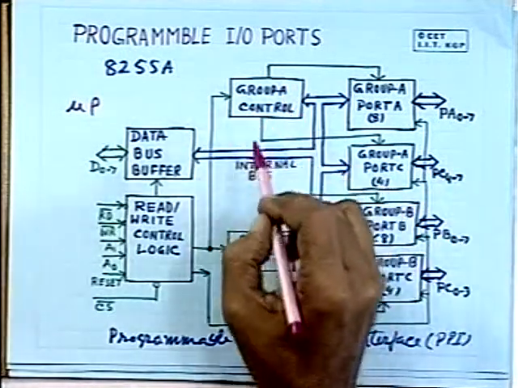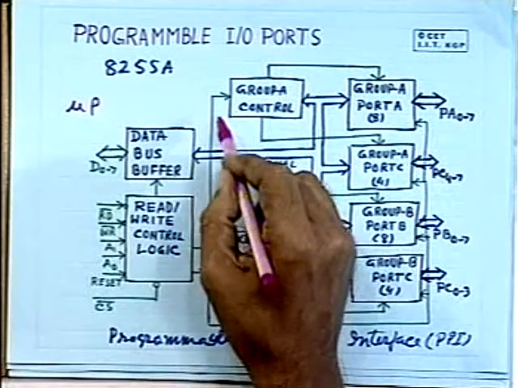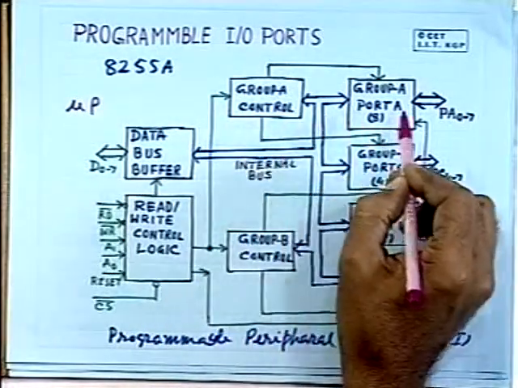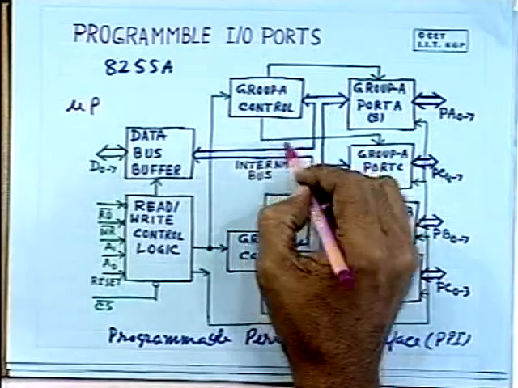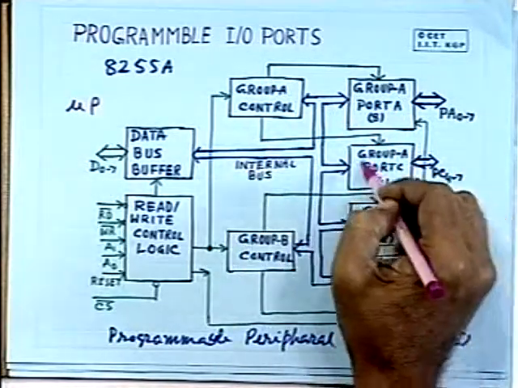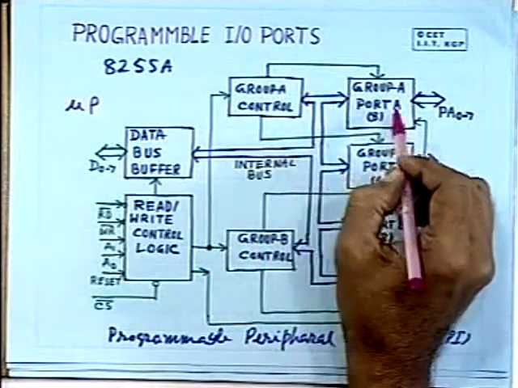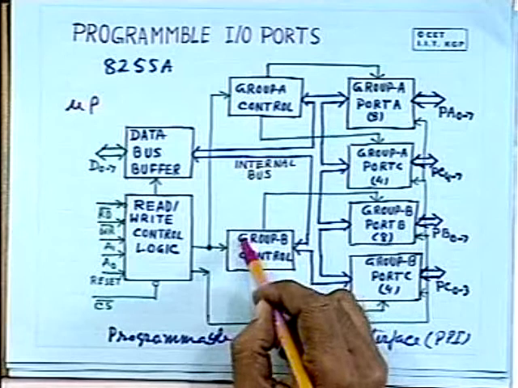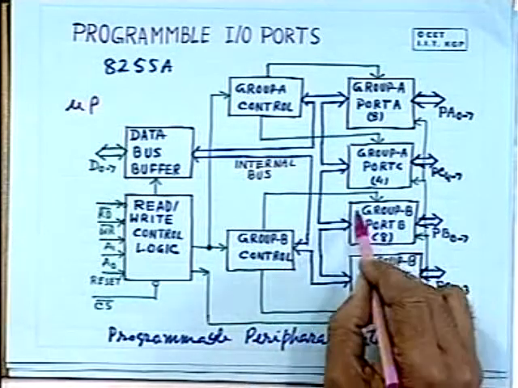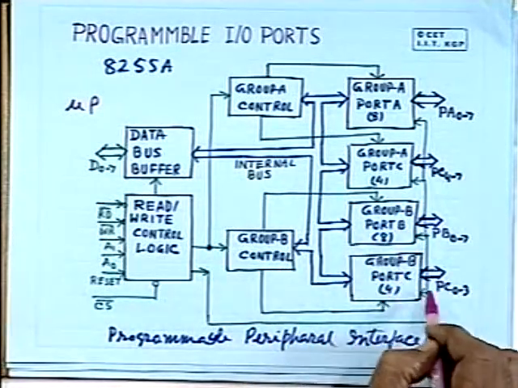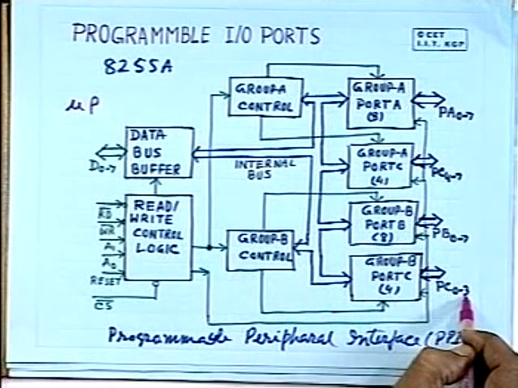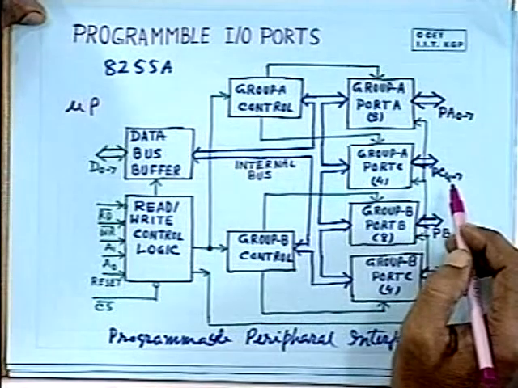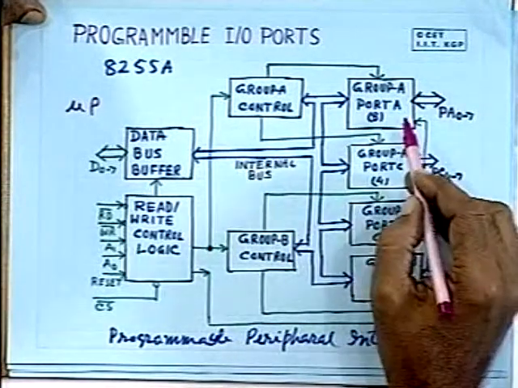That's why the read write control logic generates a signal going to group A control, which controls this 4-bit part of port C and the 8-bit port A. Similarly, group B control controls port B and part of port C, PC 0 to 3. And inside this device there are 4 registers. What are the 4 registers?